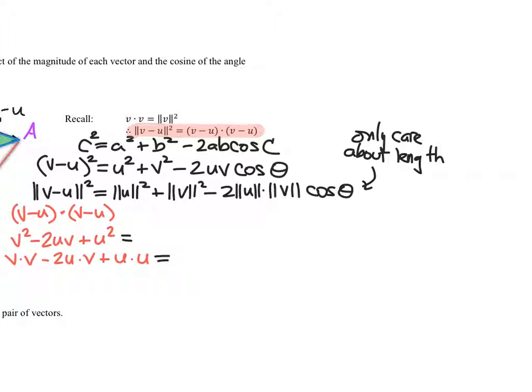Another thing that comes from what we played around with on the previous page is that the dot product of a vector with itself is equal to the magnitude squared. Normally I wouldn't look to make that adjustment, but I noticed that on the right-hand side I have the magnitude of U squared and the magnitude of V squared. If I could transform these two into magnitude of U squared and V squared first, then they'll cancel out.